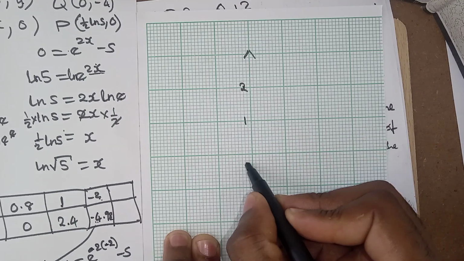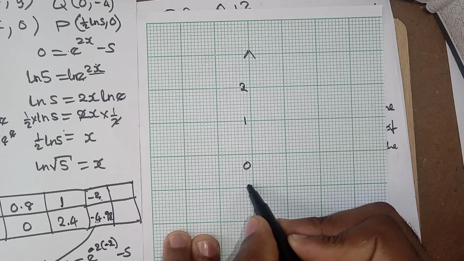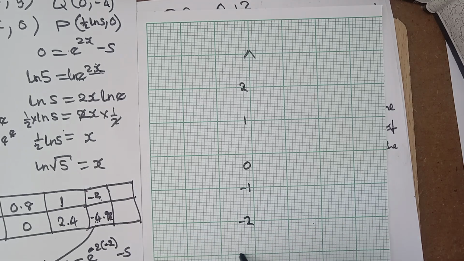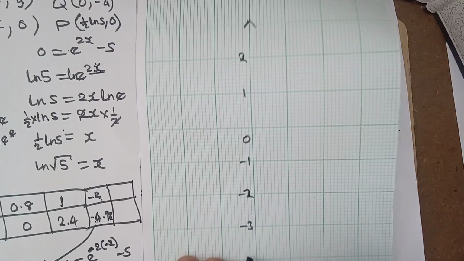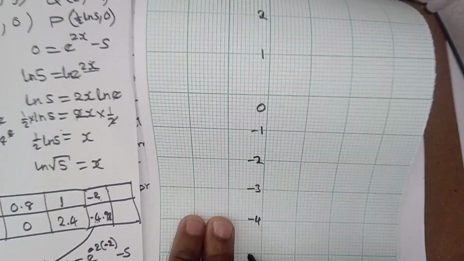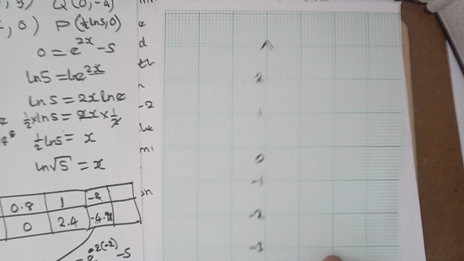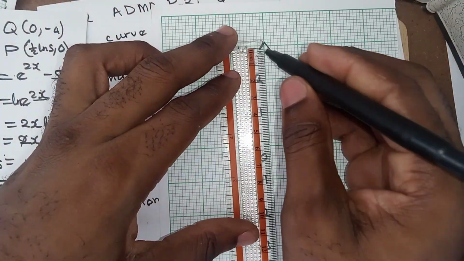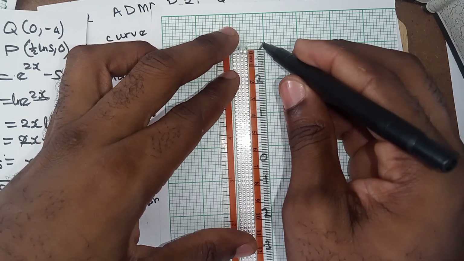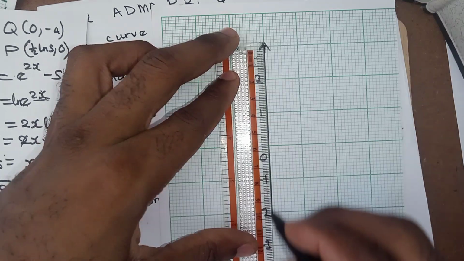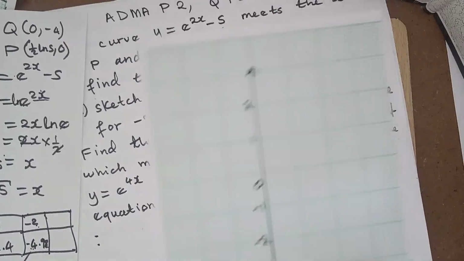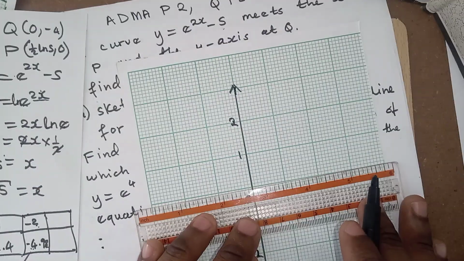Then you have a 1, a 0, this will be -1, this will be -2, this will be -3, -4, and finally we have -5. So this will be my y-axis. So y-axis will be here, and then my x-axis will be here.